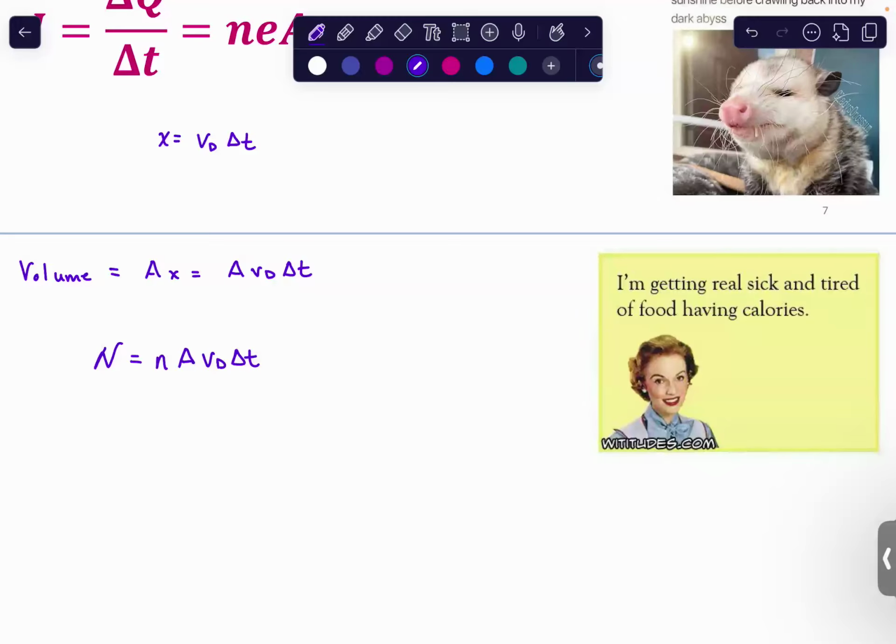So that's like your total number of charges. It's the number of individual electrons multiplied by the volume.